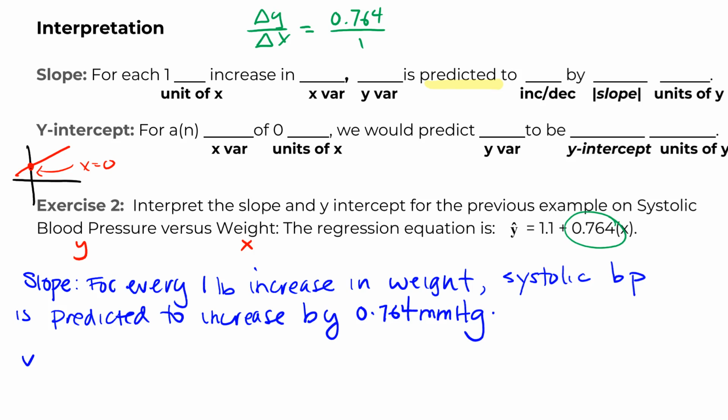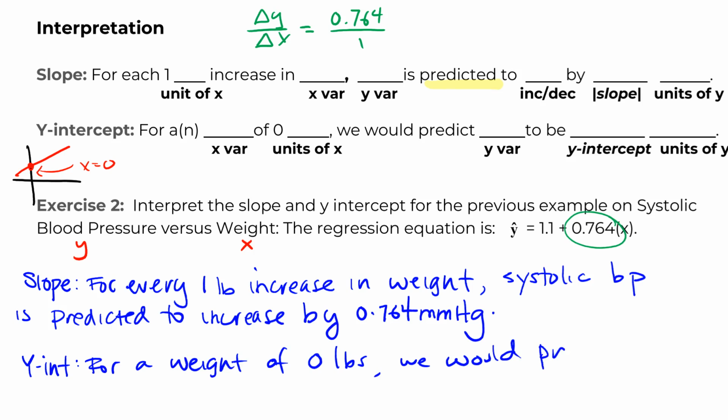And our y-intercept, this would be for, and this would be our x again, so weight of 0 pounds. We would predict systolic blood pressure to be, and that was 1.1.